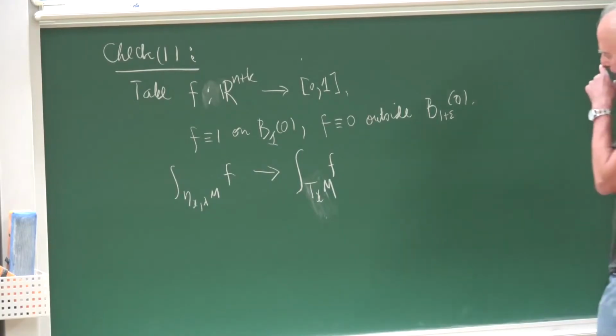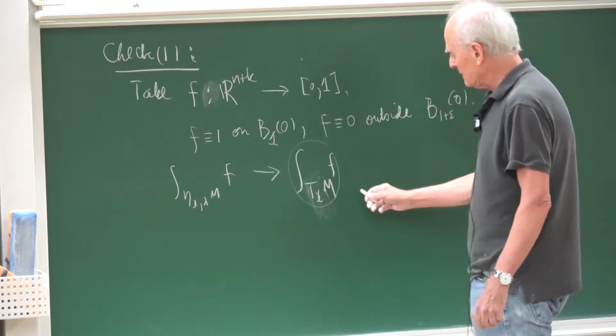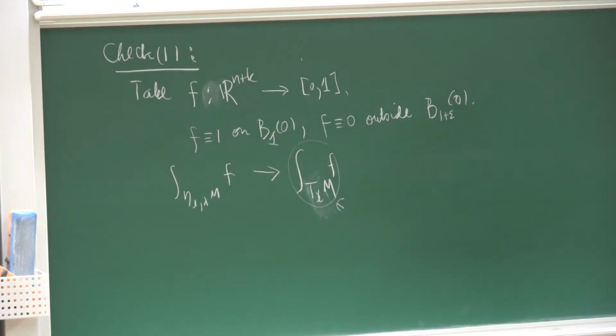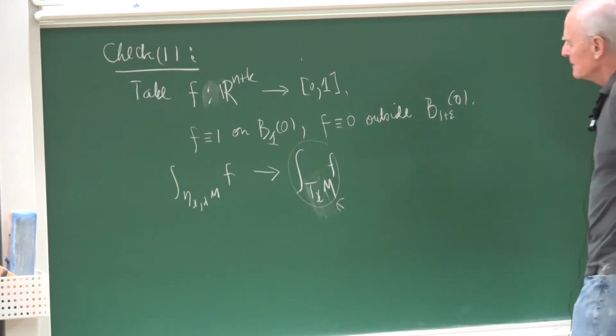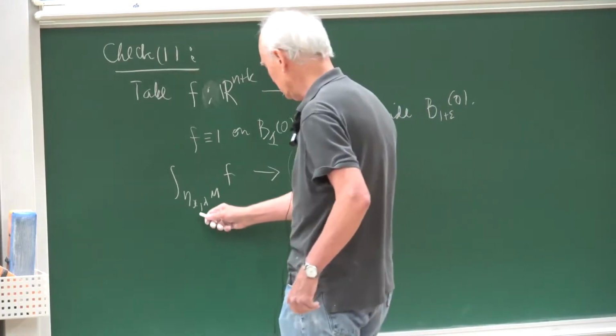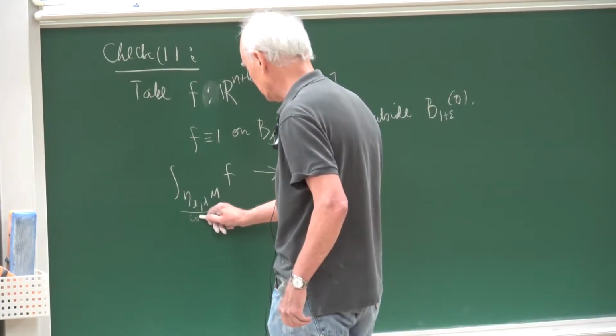And now let's think about this. What can we say about this? Well, this number is a number for each given f. That number is certainly bigger than, let's take, I want to divide by omega n on each side.